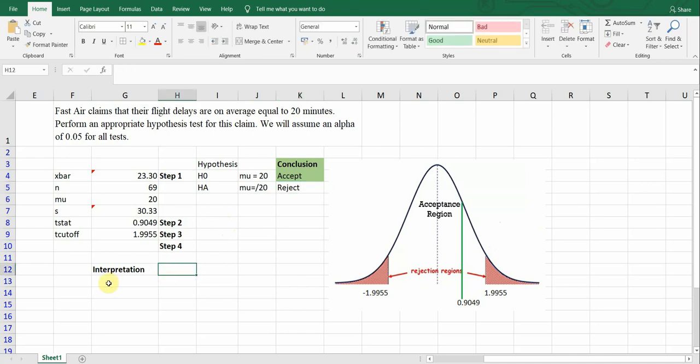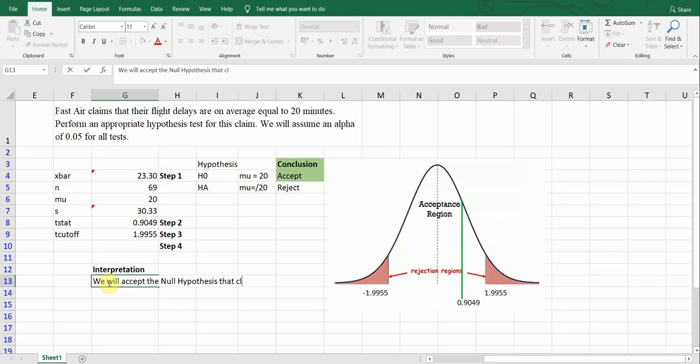So our interpretation will be: we will accept the null hypothesis that claims that Fast Air flight delays are on average equal to 20 minutes.